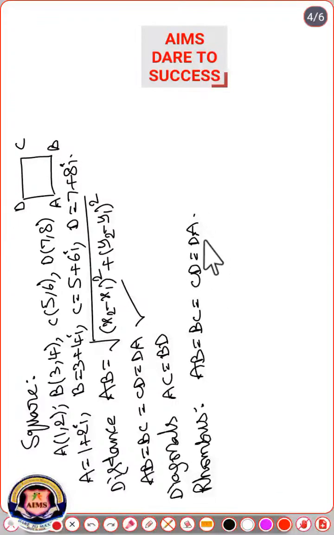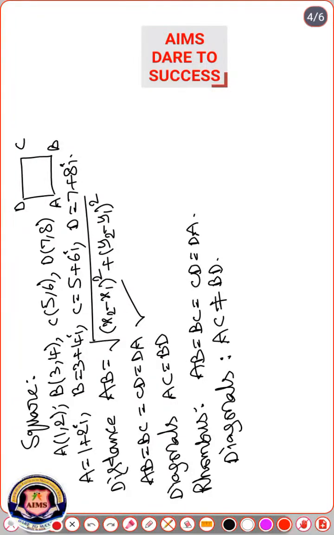But the diagonals AC and BD are not equal. Diagonal AC is not equal to BD. This is the concept of a rhombus.